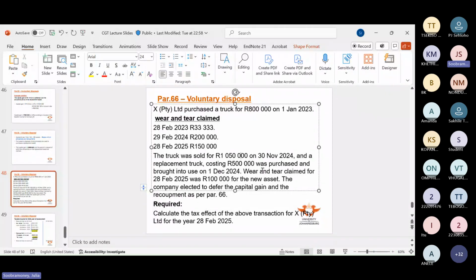So you get the deduction for the allowance immediately. What was step number 2? Can anyone remember? After calculating my allowances, what do I calculate next when I sell an asset? You can type it out or you can put your mark on. What is the next step after calculating allowances?